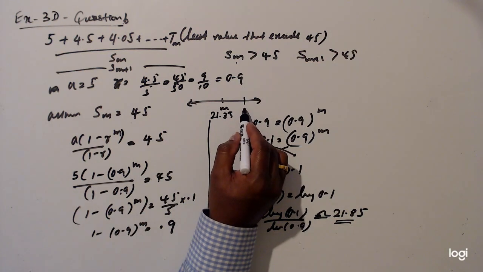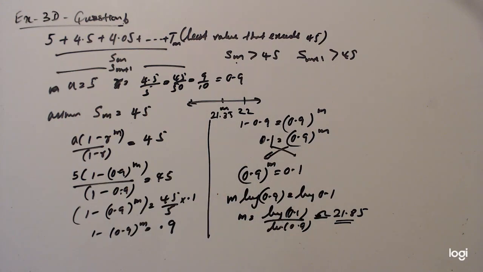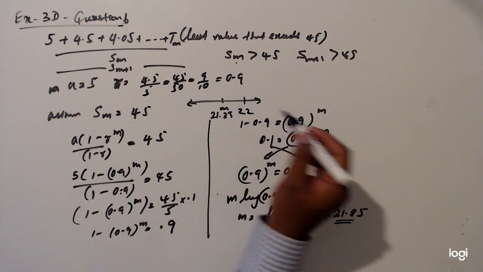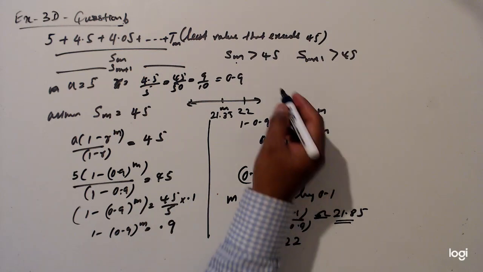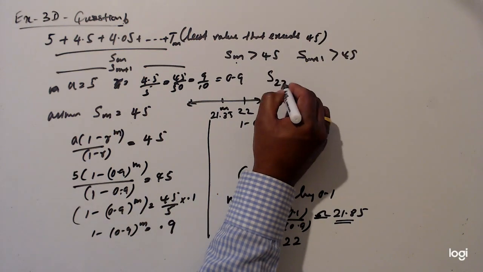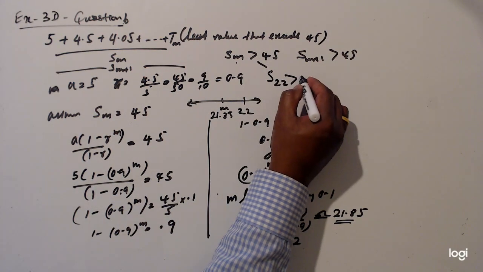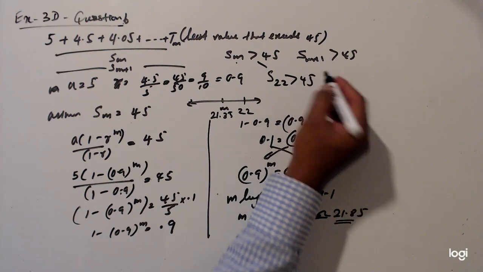Because of that, we have to move to 22. So when you consider, hence m equals 22. So S22 is greater than 45.